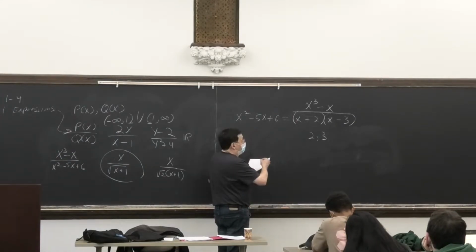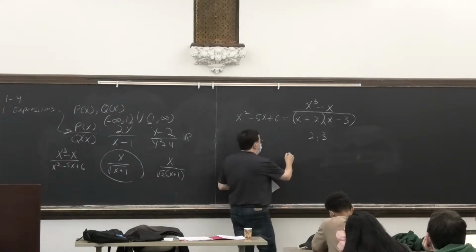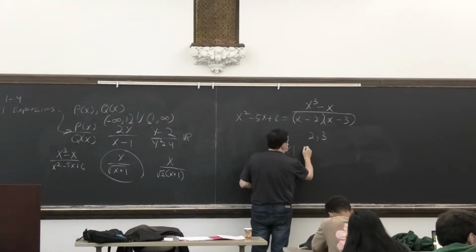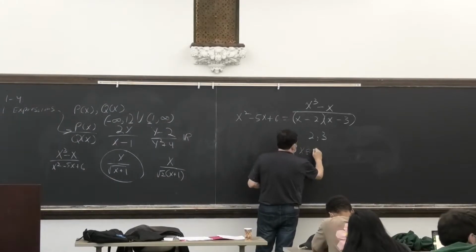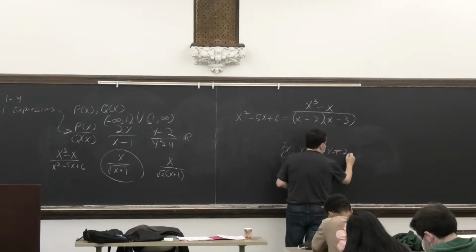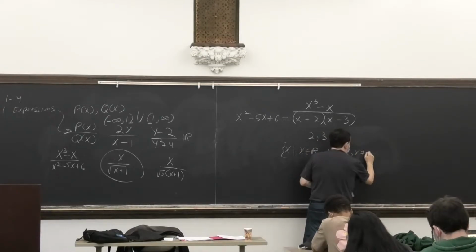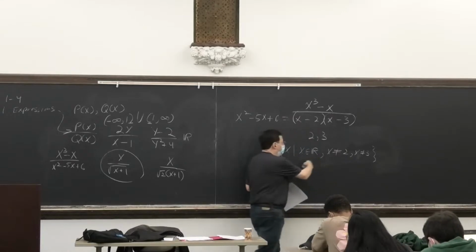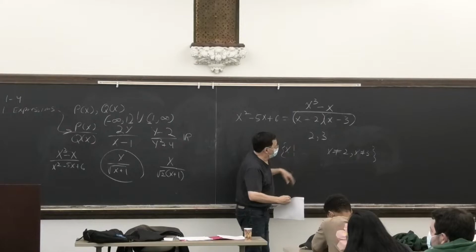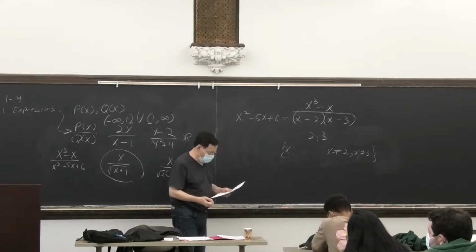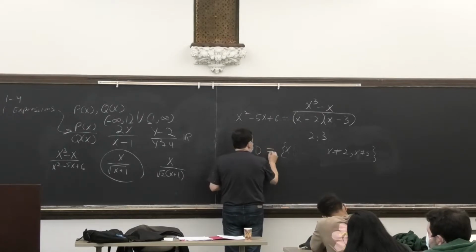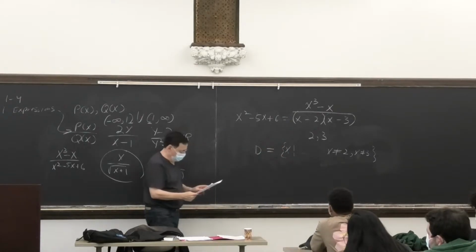So if we want the maximum domain, we would say, x such that x is real, but x is not equal to 2, and x is not equal to 3. You don't have to write that whole thing. You can just leave this off. That would be fine. That's a domain.